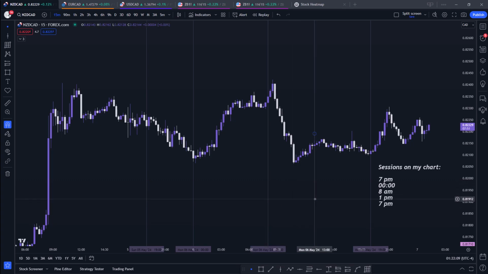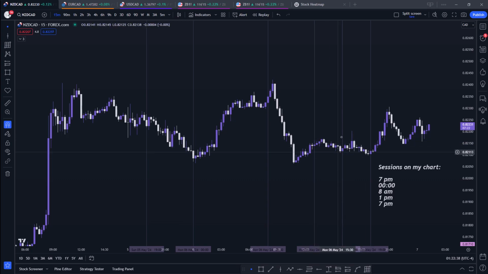And then from 1 p.m. technically till 4, the market closes at this point. Market closes at 4 p.m., but it's still technically part of the New York PM session. But this entire region I consider as Asia personally, because we get mostly consolidative price action.